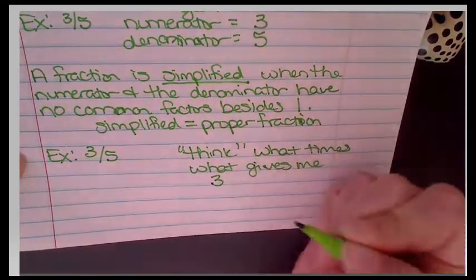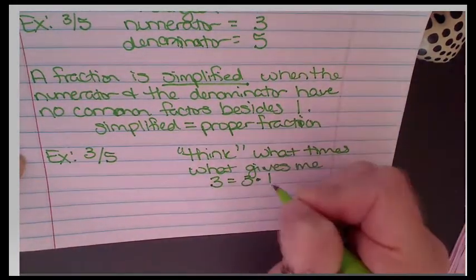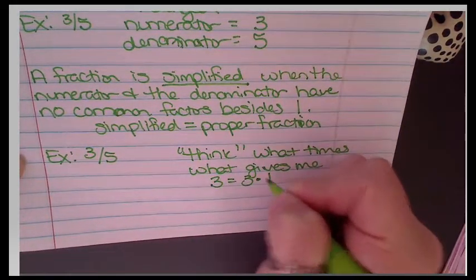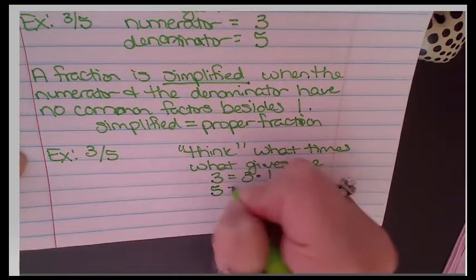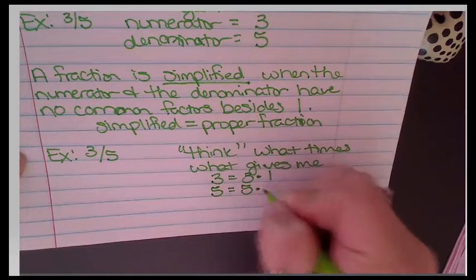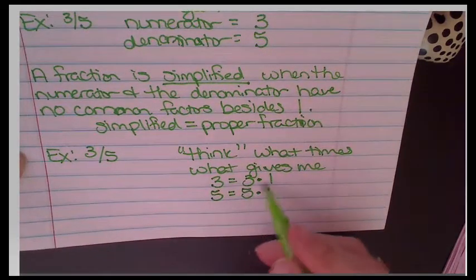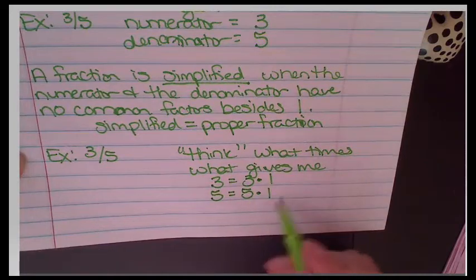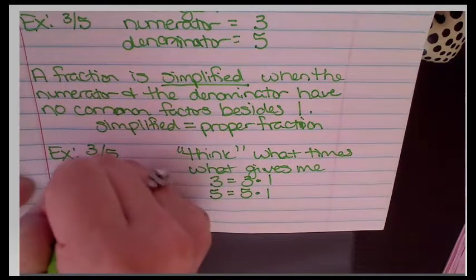And the answer to that is 3 times 1. Nothing else will give me 3. So then you have to do the same thing and think about what times what will give me 5. The only thing is 5 times 1. So if we're looking at these two numbers, do they have anything in common except for the number 1? The answer is no. So this is simplified.